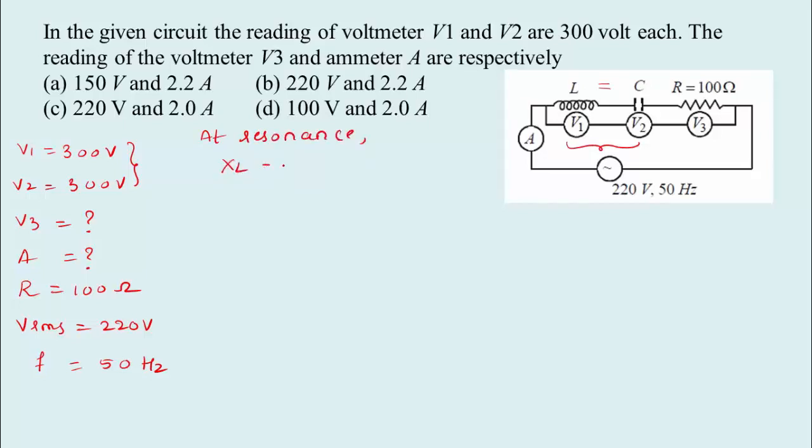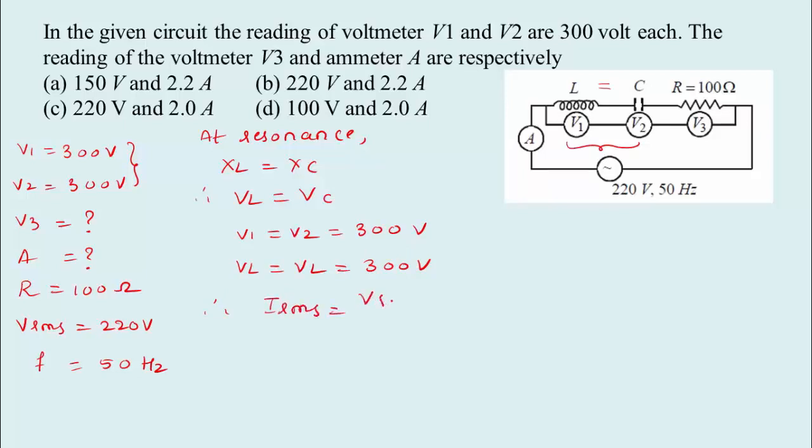Therefore, voltage across the inductor is equal to voltage across the capacitor. So here I wrote V1 and V2. V1 is equal to 300, and V2 is also equal to 300 volt. That means VL and VC are the same here, that is 300 volt.